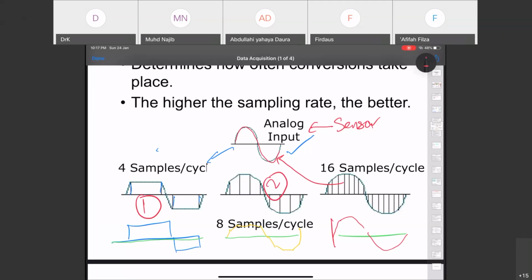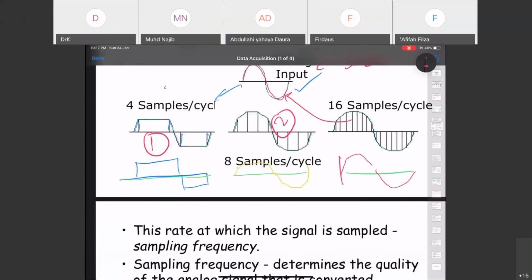So what happens if you improve the sampling rate? You get something very much representing the analog input. So when you are working with a data acquisition system, you need to be aware of information loss and precision.